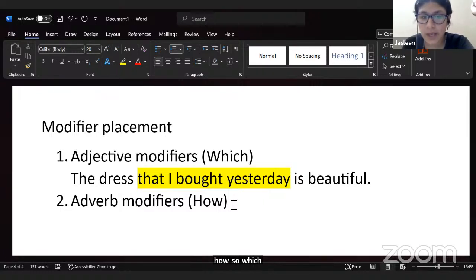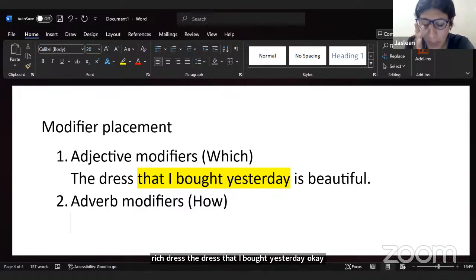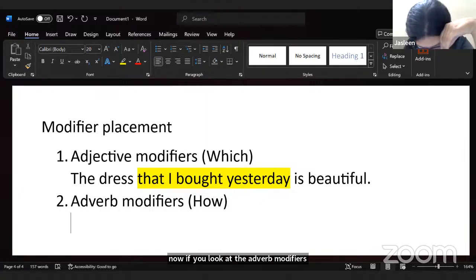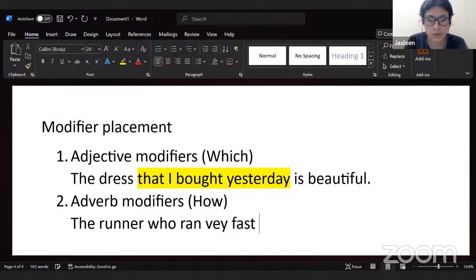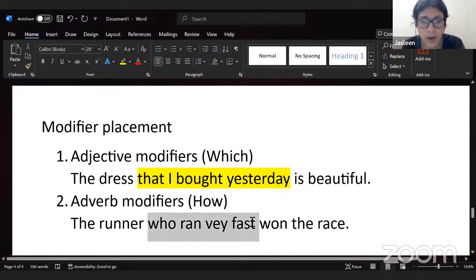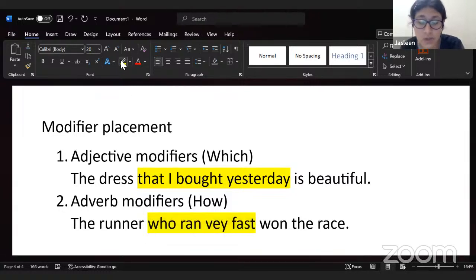Okay. Now if you look at the adverb modifiers, the example for adverb modifiers would be, the runner who ran very fast won the race.